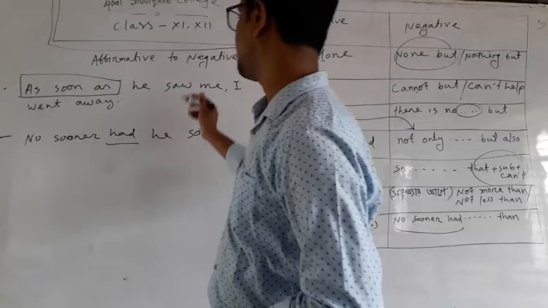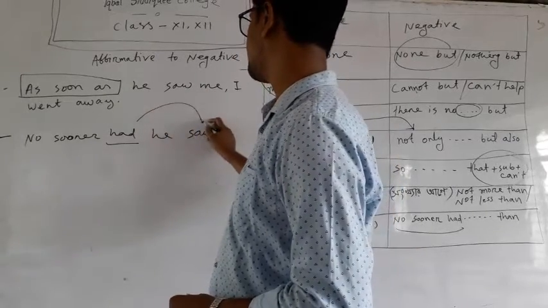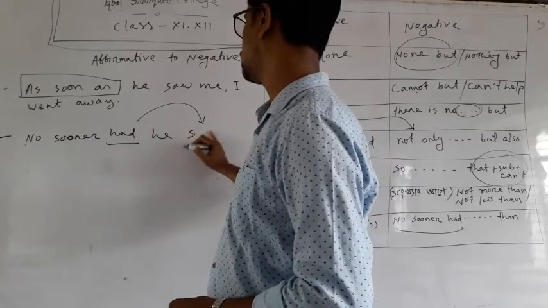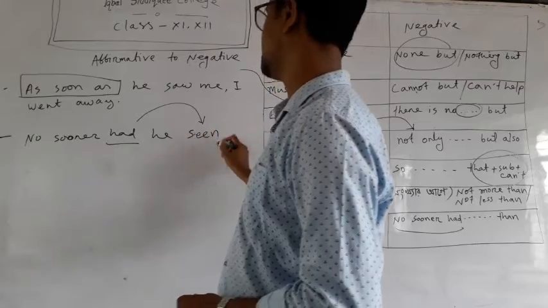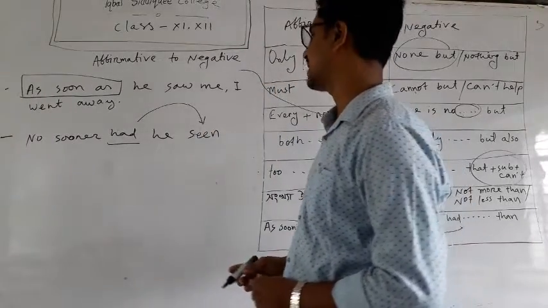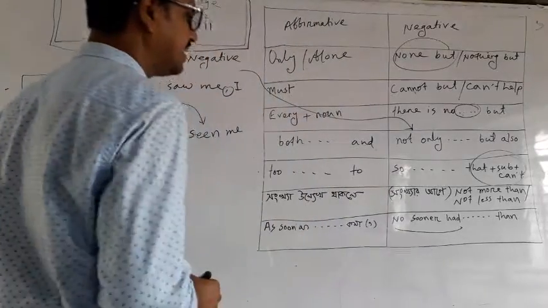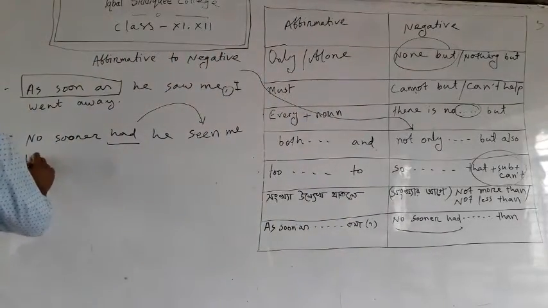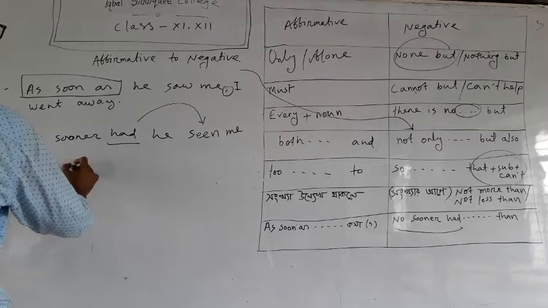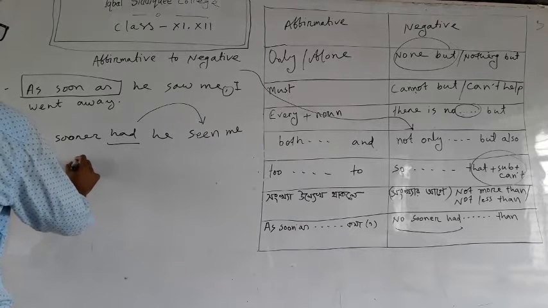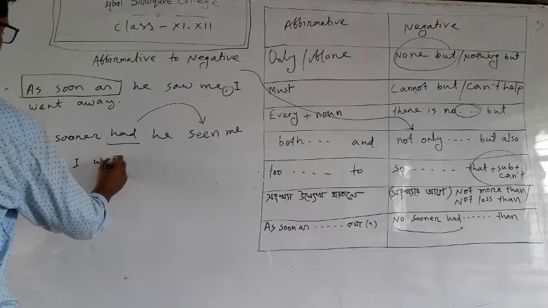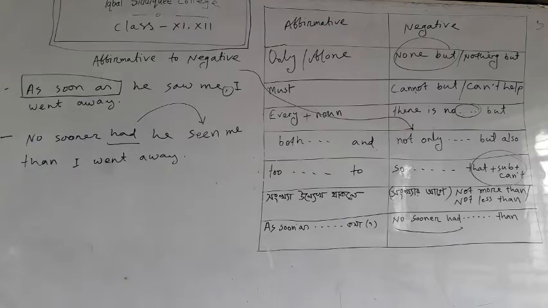So here the verb is "saw", and the past participle of "saw" is "seen". So "saw" will be "seen". So, no sooner had he seen me, and we replace the comma with "than", and the other part of the sentence will be the same. No sooner had he seen me than I went.